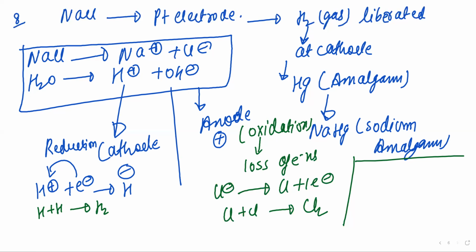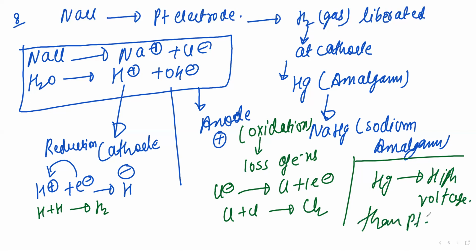So option will be P. More voltage is required to reduce H plus at the cathode. If you are using mercury, high voltage is required than platinum. So B option is correct.